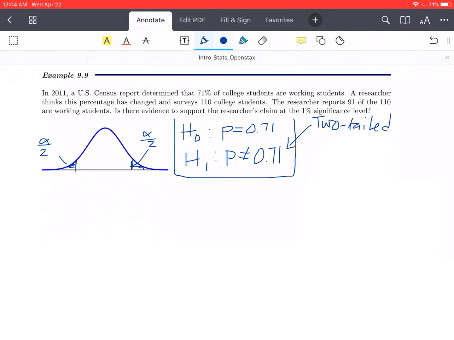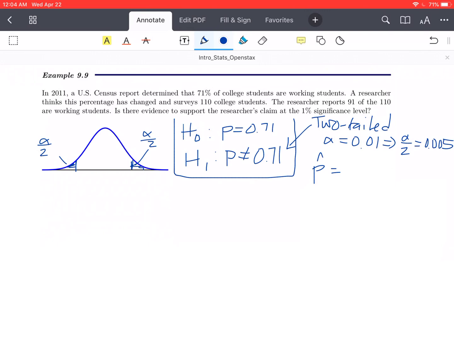Since alpha in this case is 0.01, alpha over 2 is 0.005. So if alpha was 1%, alpha over 2 is 0.5%.